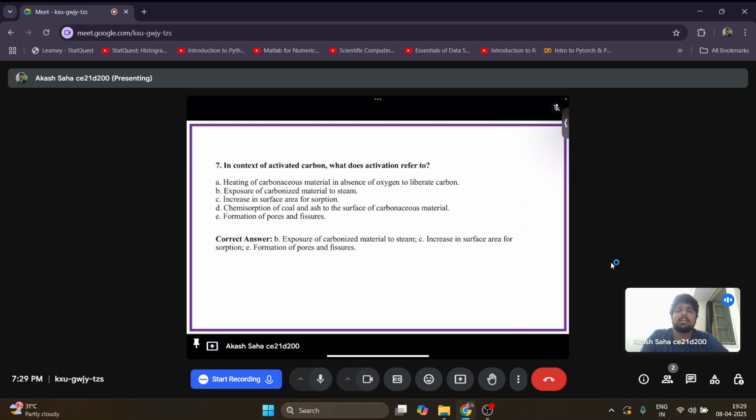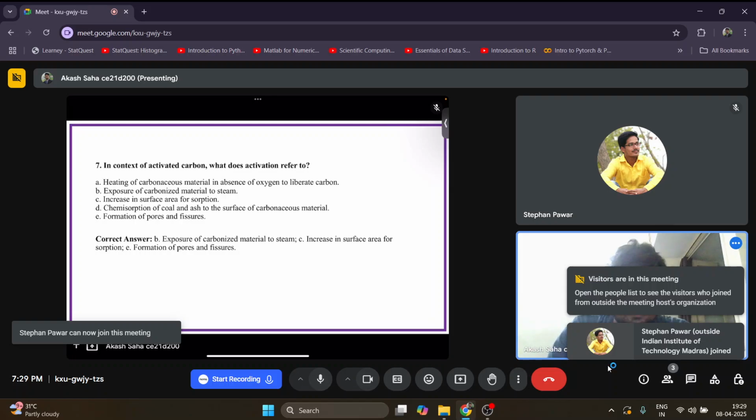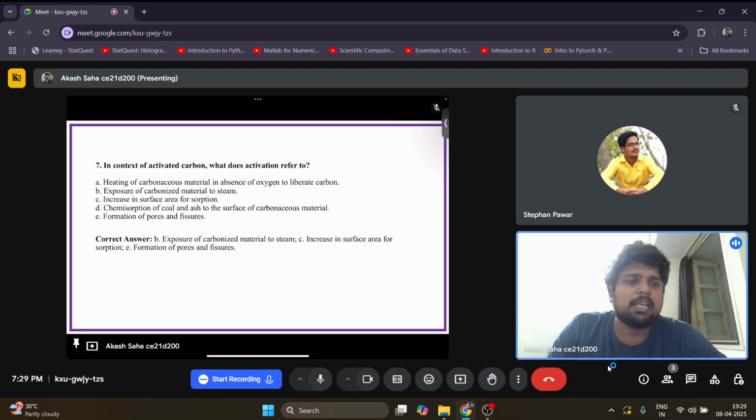That is not activation, and the chemisorption of coal and ash doesn't really induce activation. So for activation we generally do some kind of exposure to steam, increasing the surface area, or the formation of pores and fissures, right? So this was about activated carbon activation. We'll move forward to the next problem.